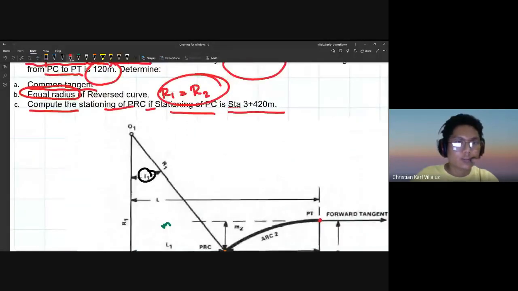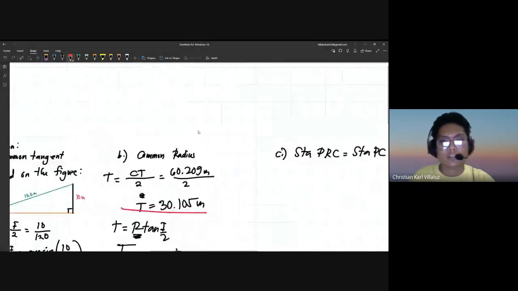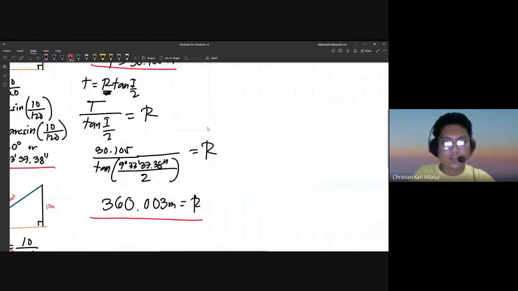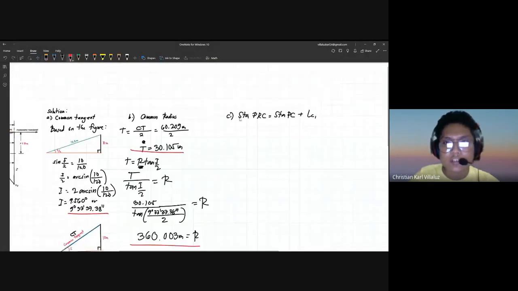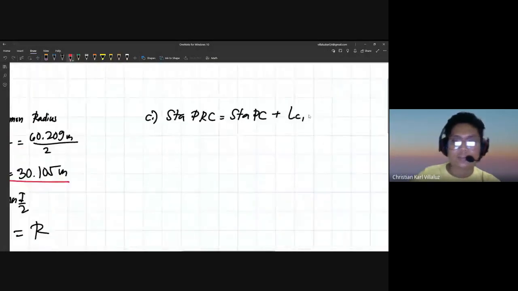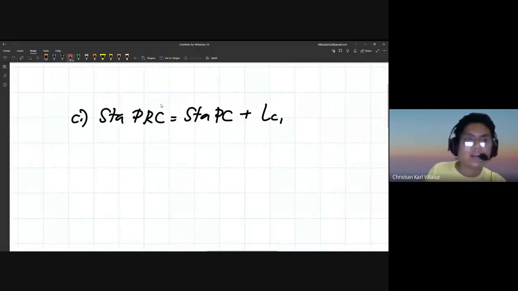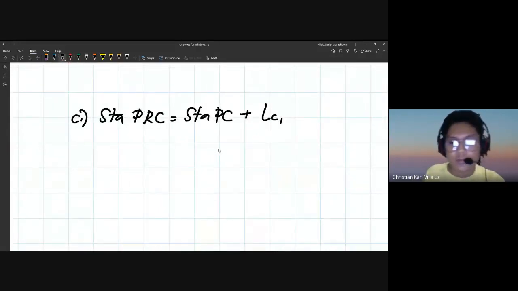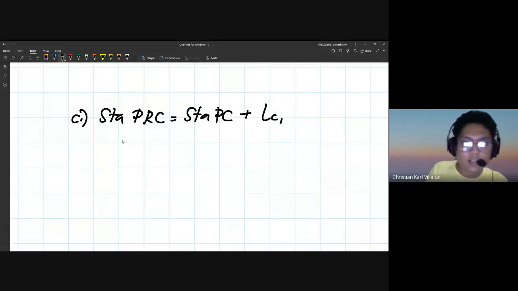Letter C, compute the stationing of PRC kung ito yung stationing ng PC, 3 plus 420 meters. Given lang naman dito ay stationing na nung PC. So all we need to do is just add the length of curve. For letter C, determine first the length of curve of the first curve kasi PRC yung pinapahanap na stationing.